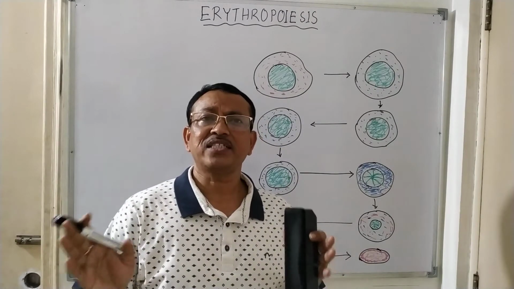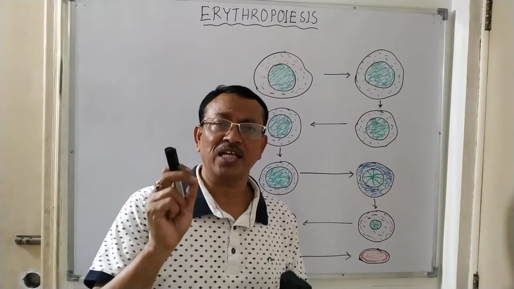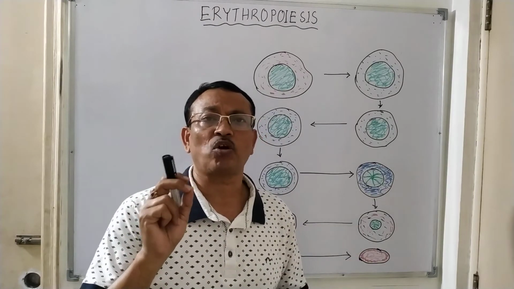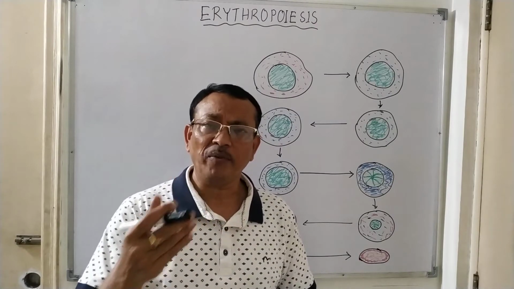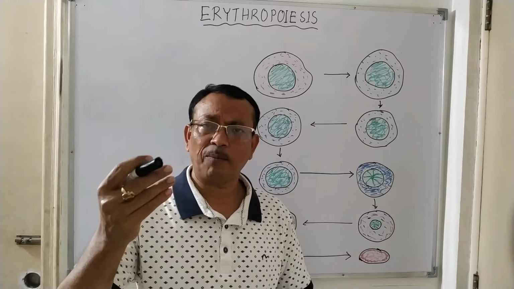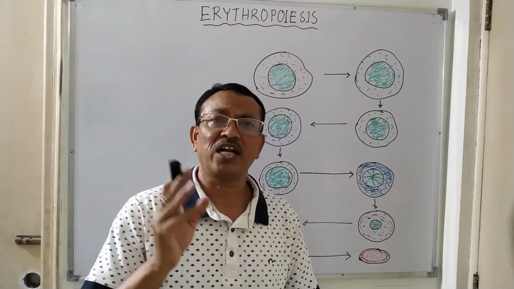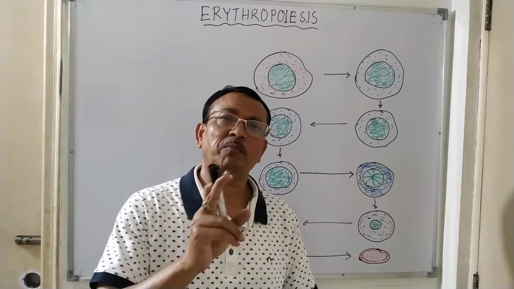So all these cells are developed from a single mother cell, known as the pluripotent stem cell or hemocytoblast. From the hemocytoblast, all the blood cells are formed, and I gave the general outline in my earlier video.